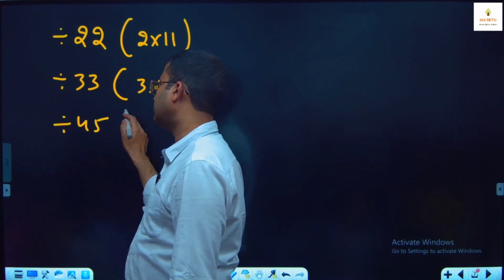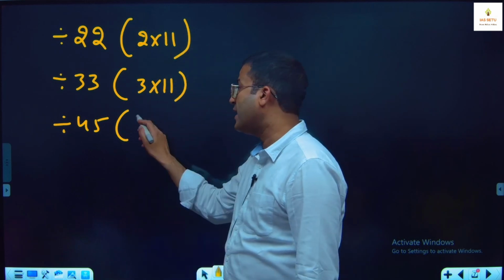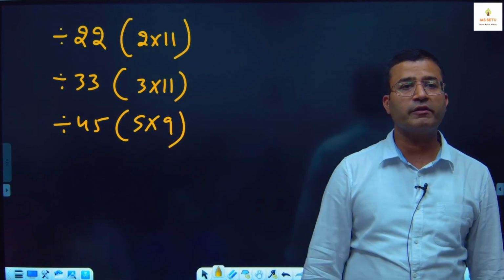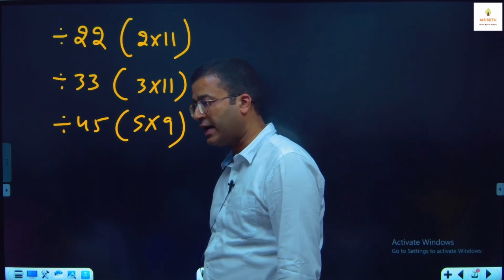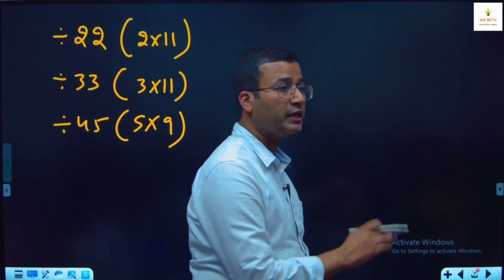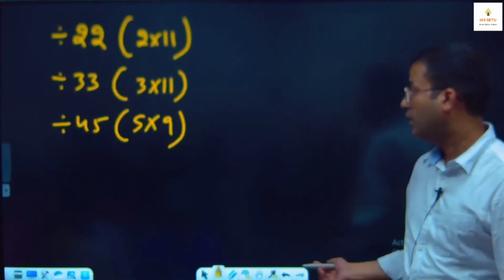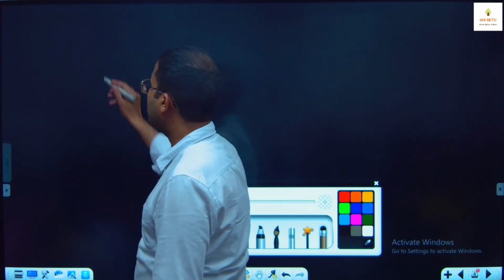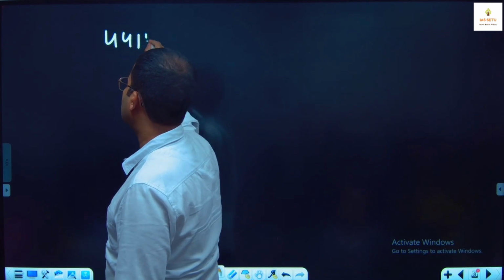45. 5 and 9. How do you break 45? 5 and 9. If any number is divisible by 5 as well as 9, it is divisible by 45. Let me take 2-3 examples for 45. 44,145.